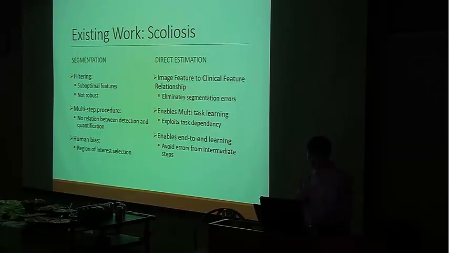And finally, it allows a whole framework for end-to-end learning to avoid errors in intermediate steps, such as, in segmentation, over-segmentation or under-segmentation problems. So with direct estimation, you avoid all those.